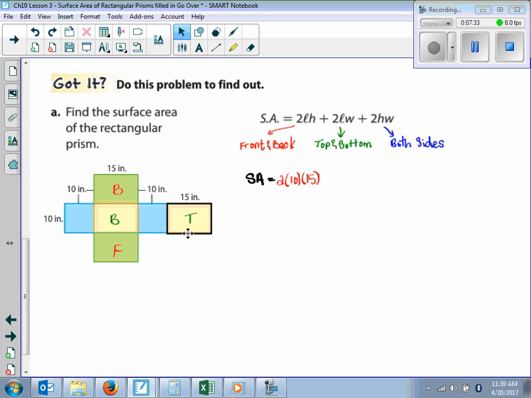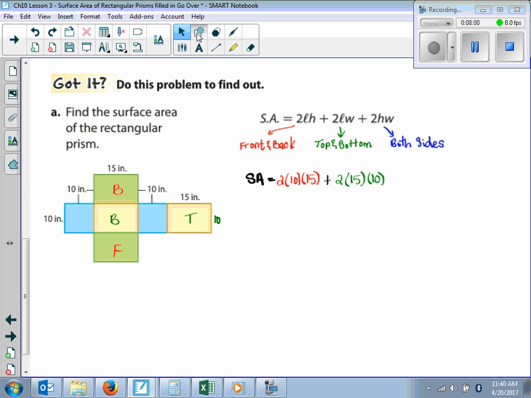You see that? Here there's the 10. That 10 is the same as this right here. You got that? So this is also going to be 10 inches. So it's going to be 15 times 10. You got it? So we're going to add that 2, because there's 2 of them. 2 times 15 times 10.